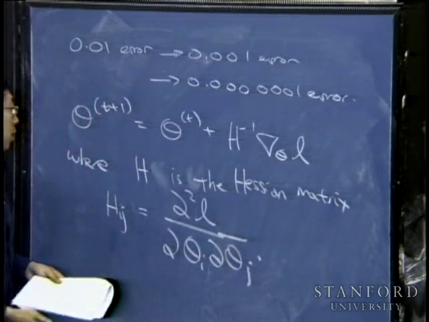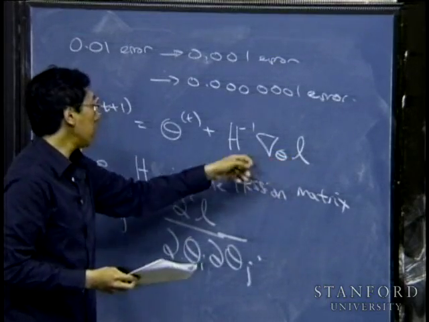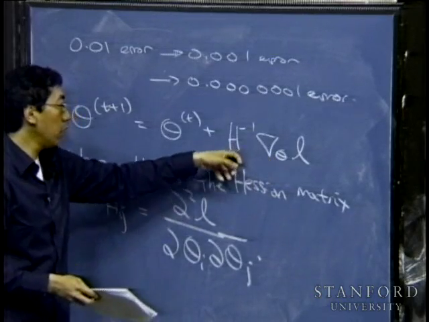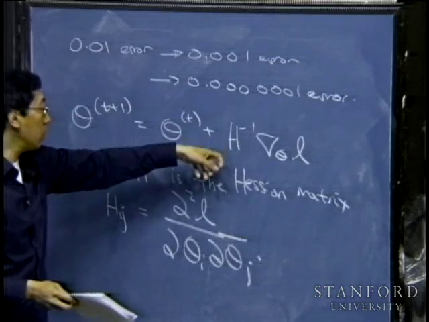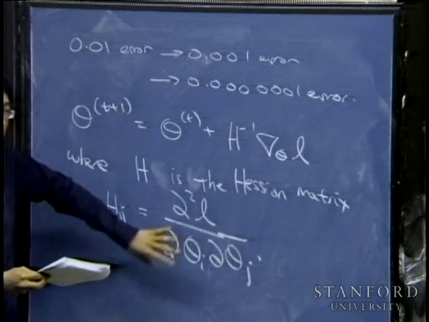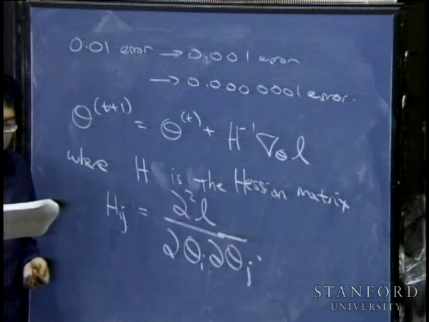Okay, so instead of the first derivative divided by the second derivative, now you have a vector of first derivatives times the inverse of the matrix of second derivatives. So this is just the same thing, but written out for multiple dimensions.